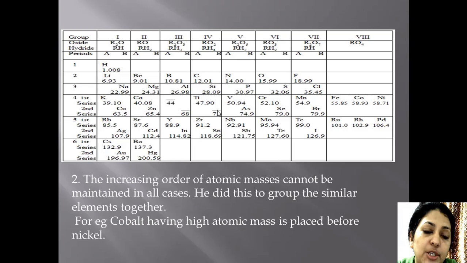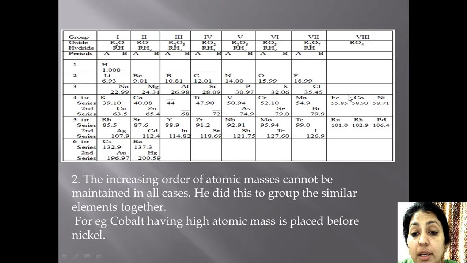The second achievement of Mendeleev's periodic table is that, in some cases, the increasing order of atomic masses cannot be maintained. He did this to group the similar elements together. For example, if you take cobalt and nickel, you can see cobalt is slightly heavier than nickel, isn't it?